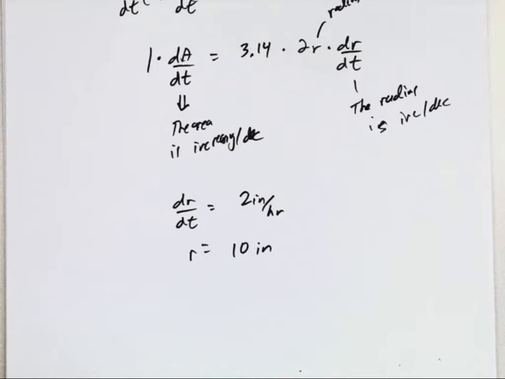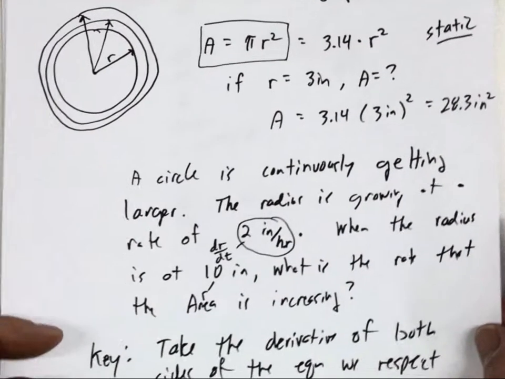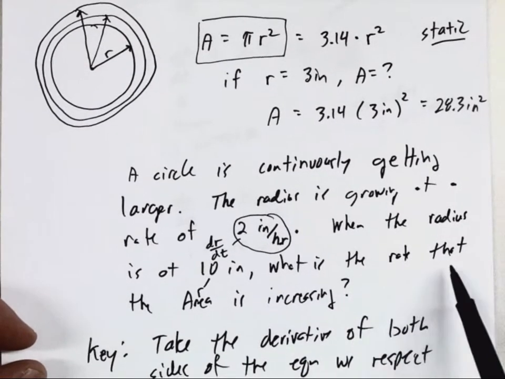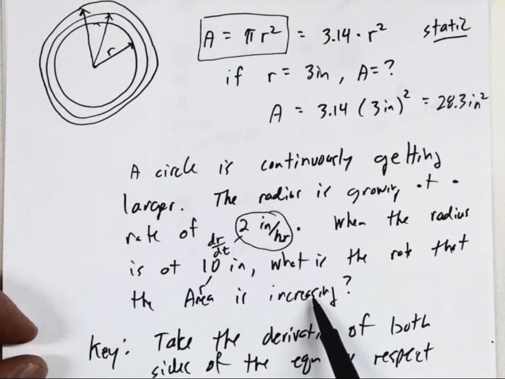So in other words, I'm looking at how things are changing at a specific point in time. This circle is growing continuously, but as soon as the radius gets to 10 inches, it's like I'm going to take a picture or a snapshot and just see what's going on at this precise moment in time.